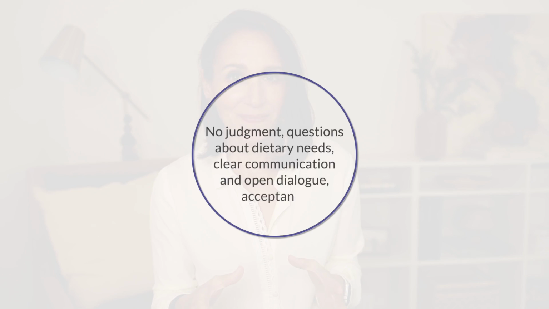As you aim to define your boundary circle, some of the things you might include inside the circle include no judgment, a willingness to ask about your dietary needs and how they can meet them, clear communication and open dialogue, and acceptance. Those are the things you might include inside the circle to help you feel safe, supported, seen, and heard by a fellow family member.